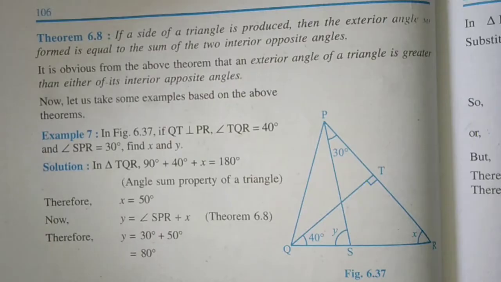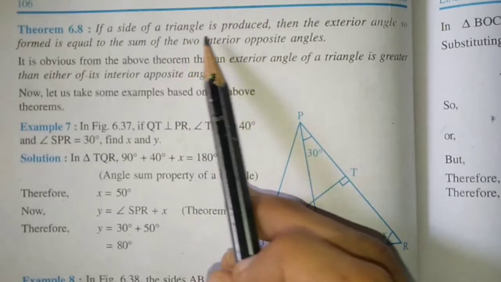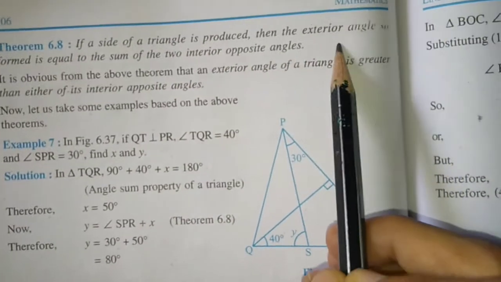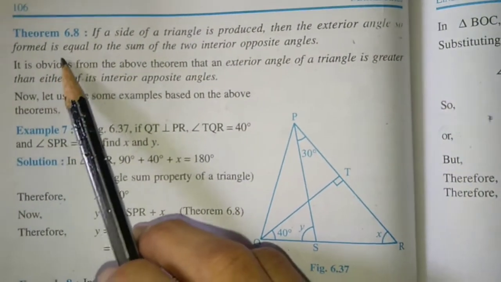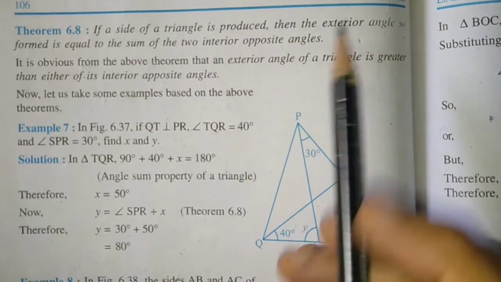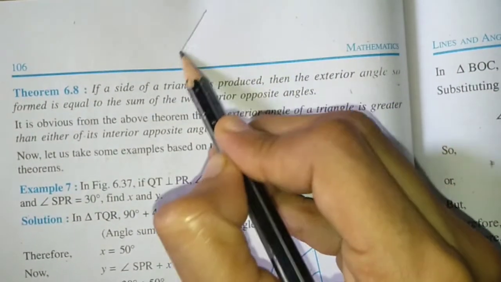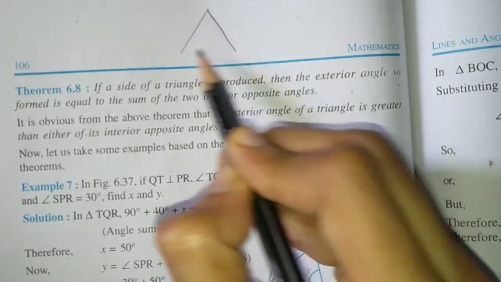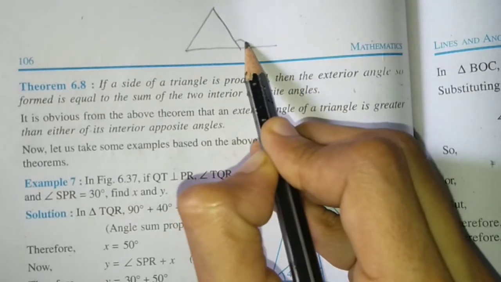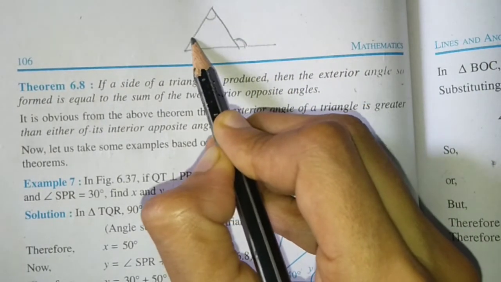Theorem 6.8: if a side of a triangle is produced, then the exterior angle so formed is equal to the sum of the two interior opposite angles. Just see, if you have a triangle like this, this is your exterior angle, and these two are interior angles.